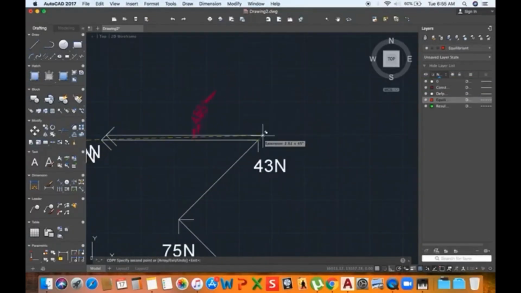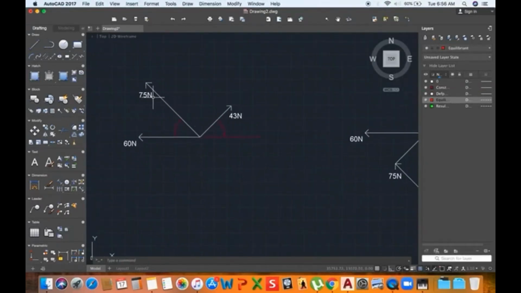Now it may seem, given the fact that there are three forces, that it doesn't matter which force you select first, because if you select this one, then this one, then this one, you're going in a clockwise direction. If you select this one, then this one, then this one, you're still going in a clockwise direction. If you select this one, and then this one and this one, you're going in an anti-clockwise direction.